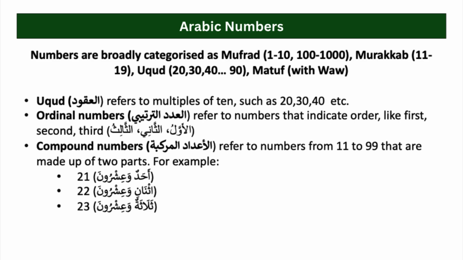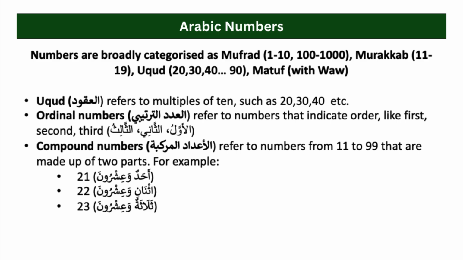Then the slide gives 3 further notes. The first says, Ukud refers to multiples of 10, such as 20, 30, 40, and so on. The second says, ordinal numbers refer to order, like first, second, third. The third says, compound numbers are numbers from 11 to 99, made up of 2 parts.